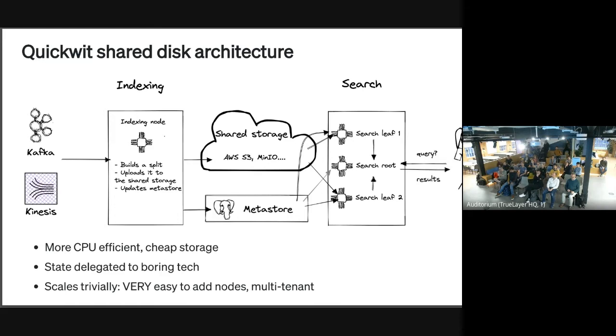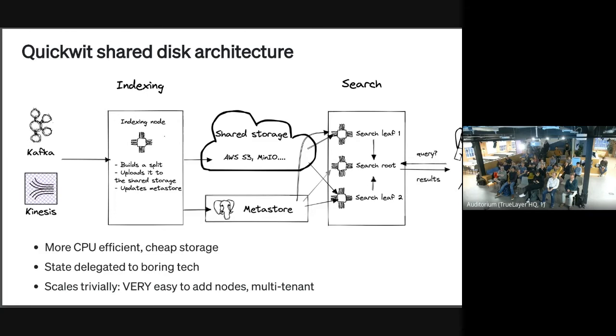Here, one of the important things is that for durability, to be sure not to lose documents, we are using the distributed queue. So by taking documents from Kafka and then pushing the inverted index to the shared storage, we can ensure that in case there is an issue on the indexing node, at restart we can still restart from the right offset in Kafka.